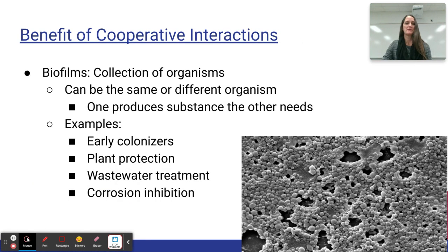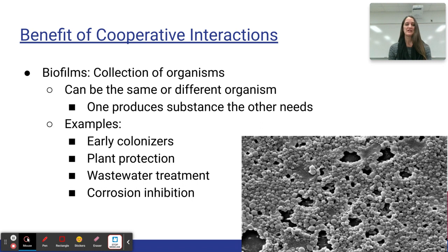So there are some benefits of these interactions too, and there are some benefits of the cooperative interactions. So when groups of organisms work together, biofilms is an example of this. It's a collection of organisms. Now these organisms can be the same organism, or they can be a combination of different ones.